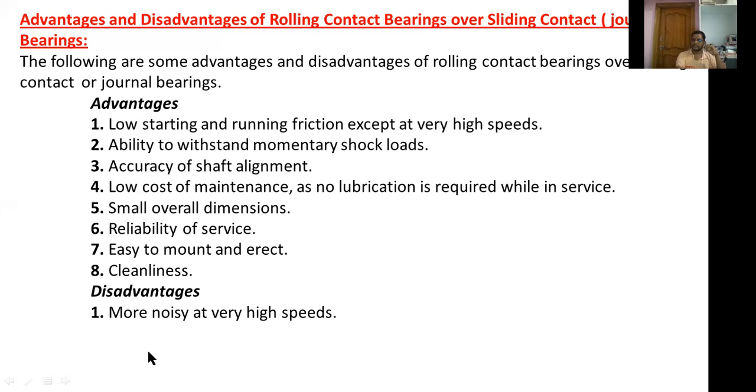This is the main disadvantage of roller bearings. And these rolling contact bearings have low resistance to shock loads.